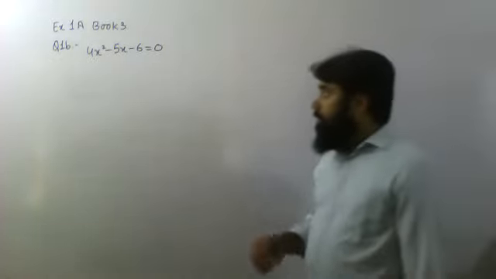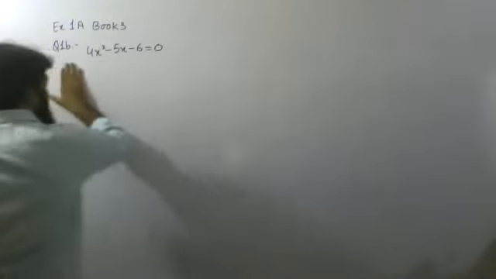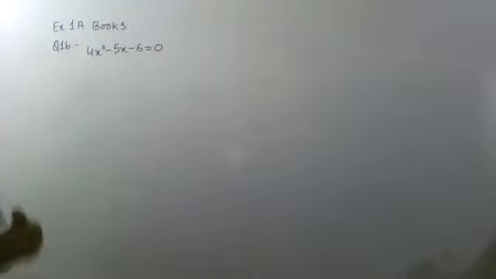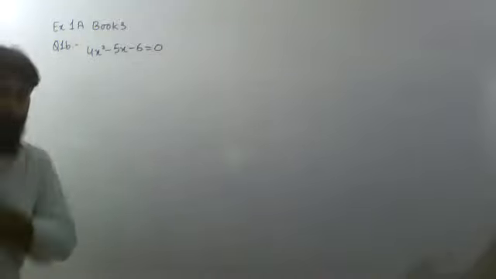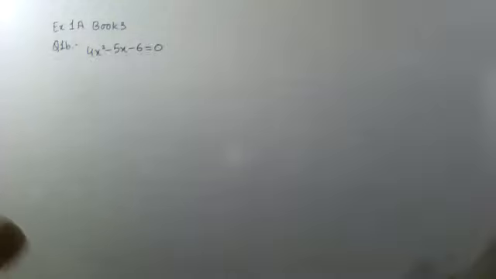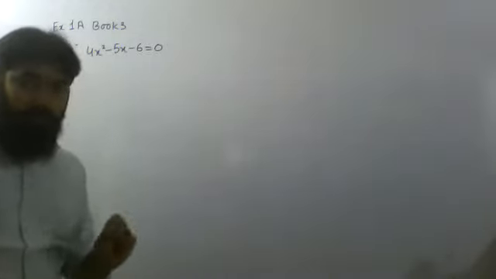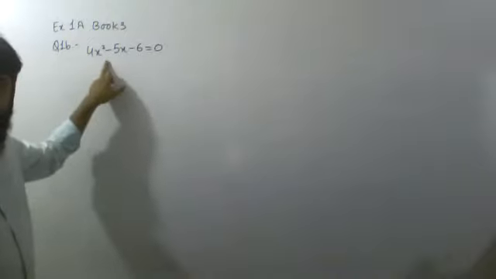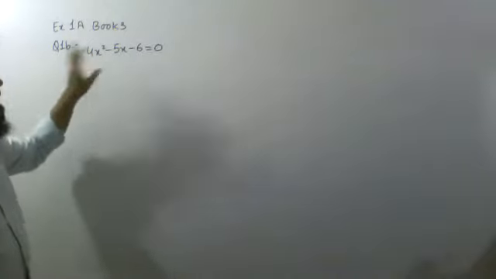Okay. So first of all, can I simplify it? No. I can't take anything common. I can't do anything. So I'm going to go for middle term splitting. What do you mean by middle term splitting? First of all, this is a quadratic equation because the highest power of the variable is 2.